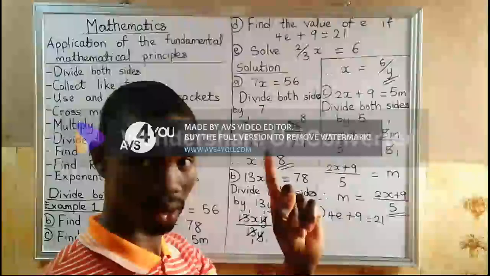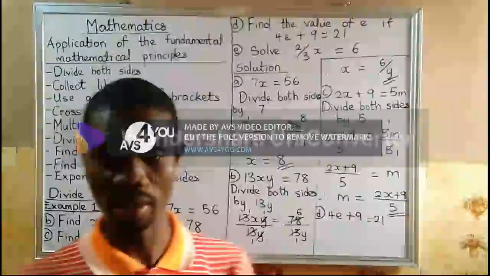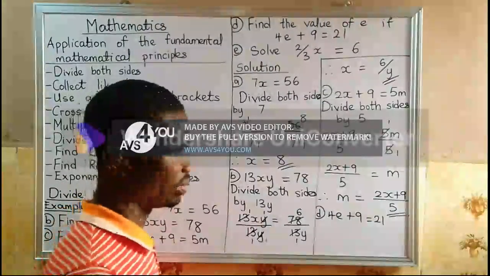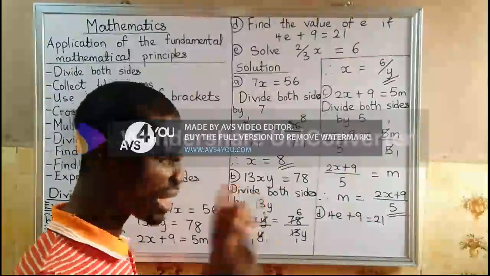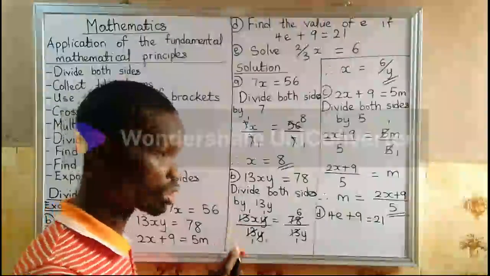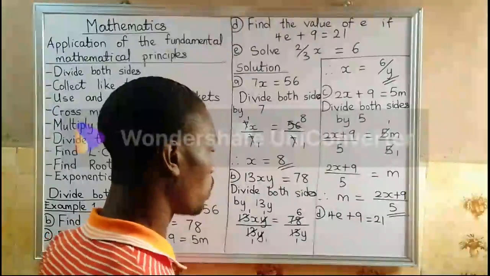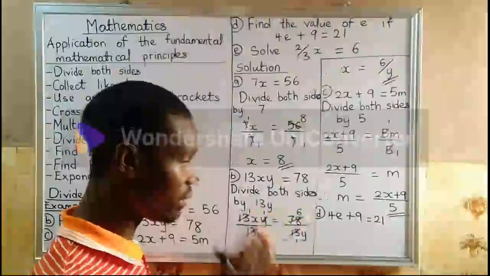Okay, the first thing I told us, if you remember, is that we must ascertain the fact that the term containing the variable we are looking for is alone on one side of the equation, sometimes right, sometimes left. That doesn't really matter. What matters is the term containing the variable we are looking for.